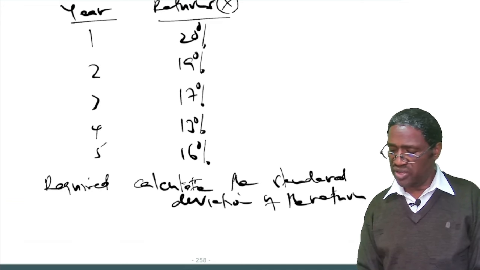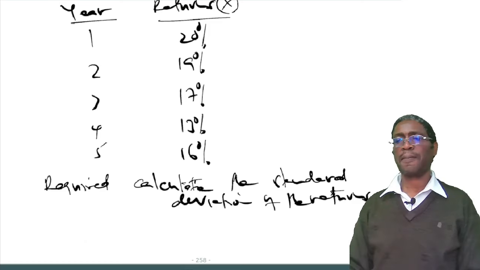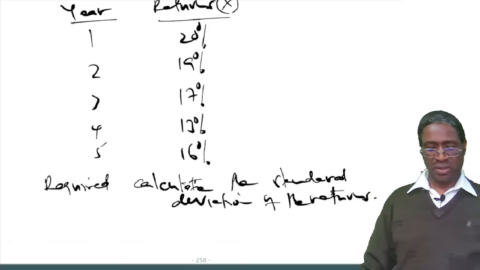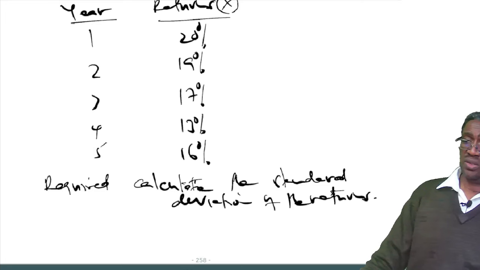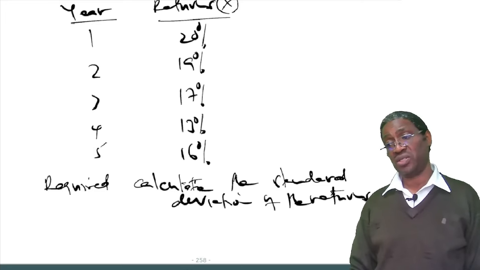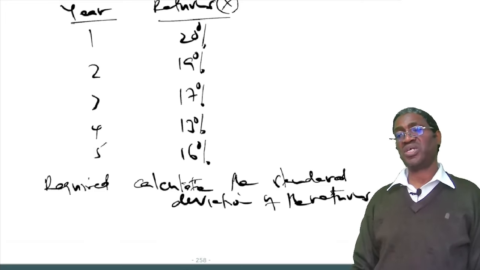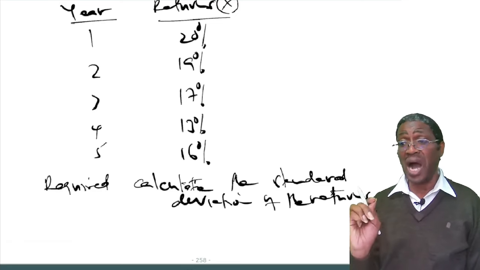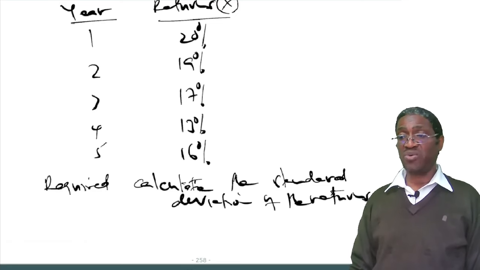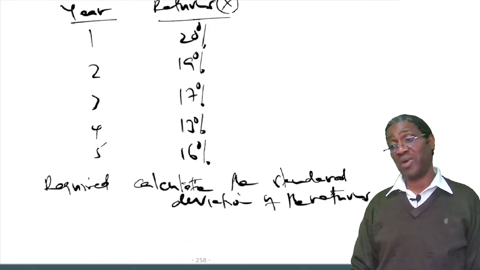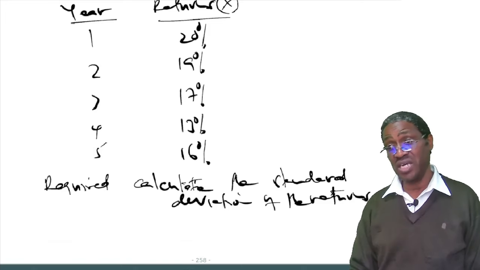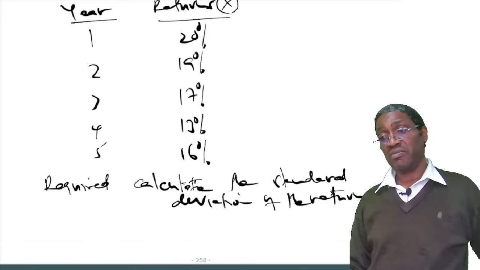Of course, we have said it's the square root of the variance. How do you get the variance? We said it is x minus x bar. X bar represents the mean. So automatically it means you must first get the mean.